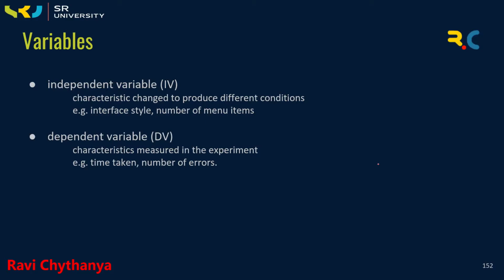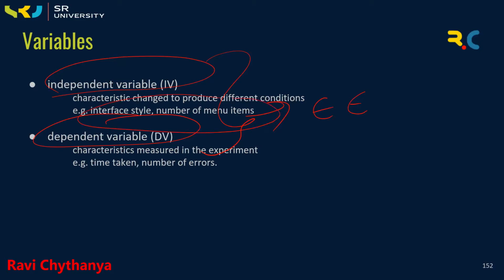And these independent variables and dependent variables are going to be evaluated in the experimental evaluation. And this is going to be called the functionality, and this is going to be called the usability.